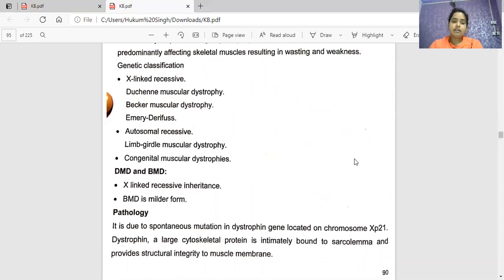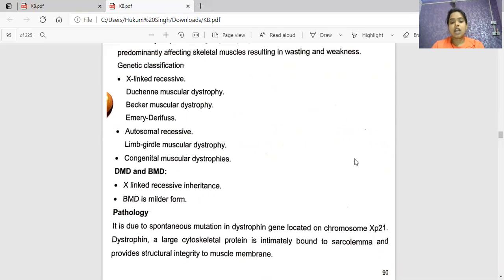Now BMD and DMD mean Becker muscular dystrophy and Duchenne muscular dystrophy. They are X-linked recessive inheritance, and BMD is a mild form. Pathology: it is due to spontaneous mutation of the dystrophin gene located on chromosome Xp21.